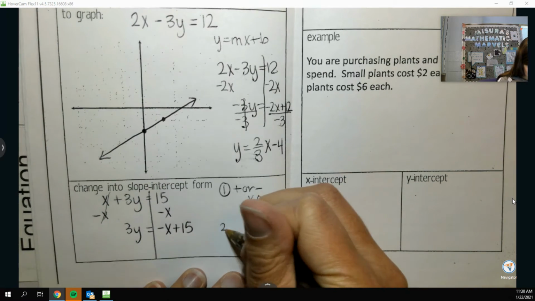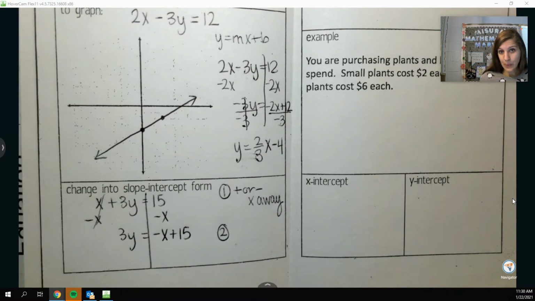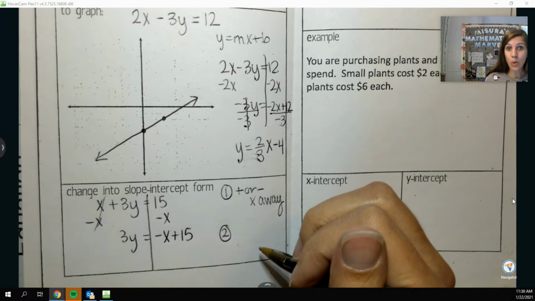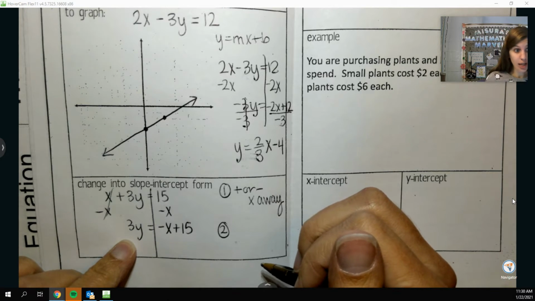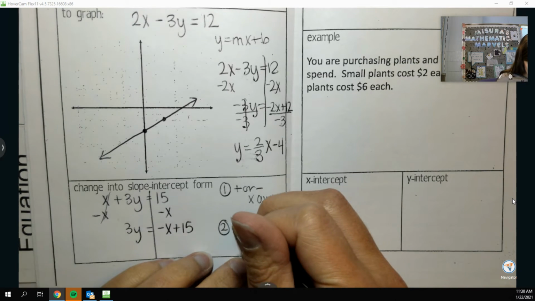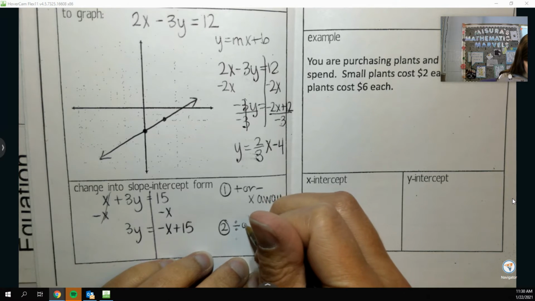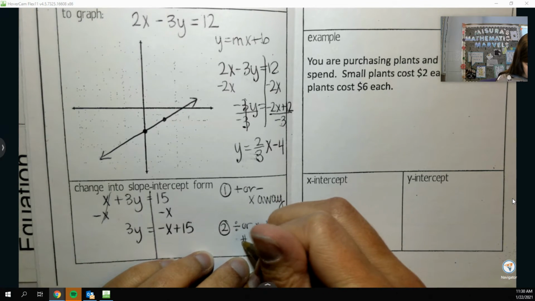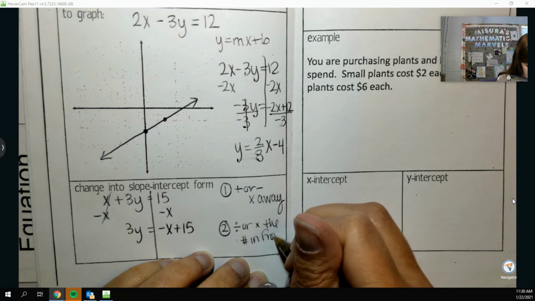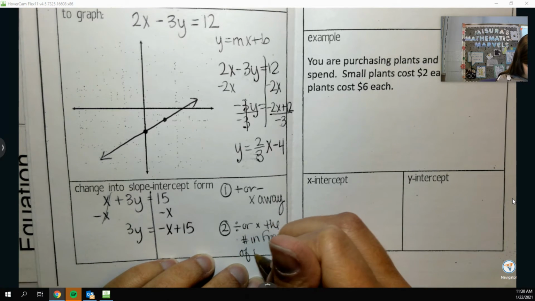And then the second thing we'll always do to get in slope-intercept form, which is y equals mx plus b, is I need to get y totally alone, which it could be at this point, but in this case it's not because there's a 3 attached to it. So you will divide or multiply the number in front of y away.